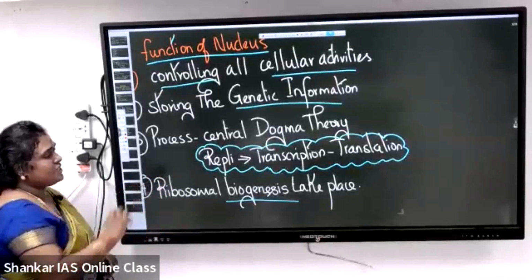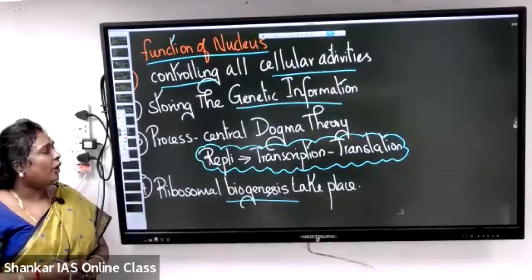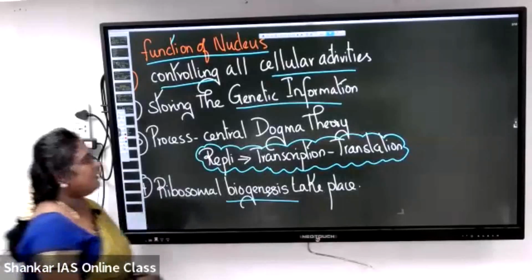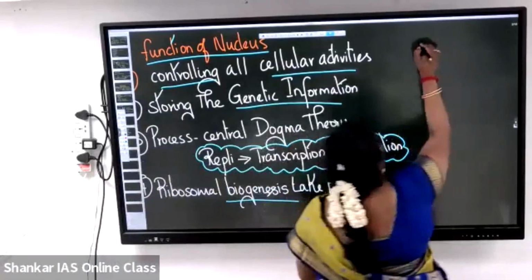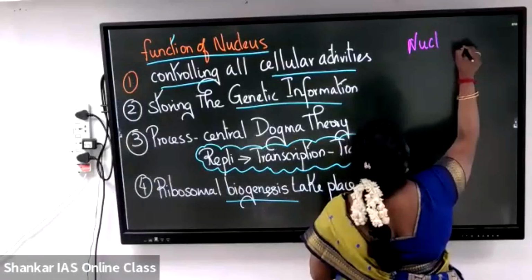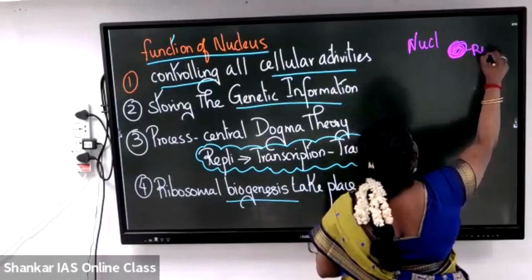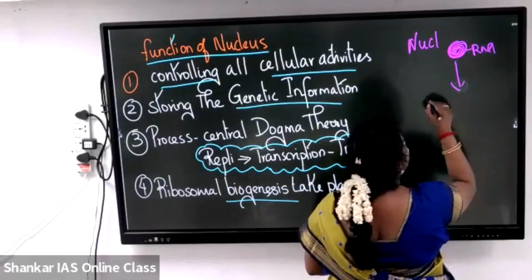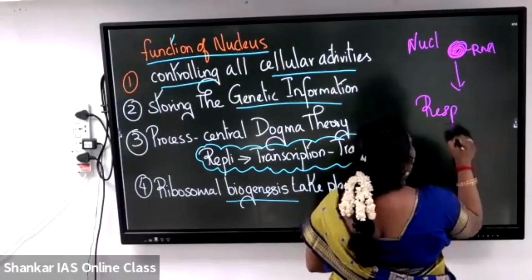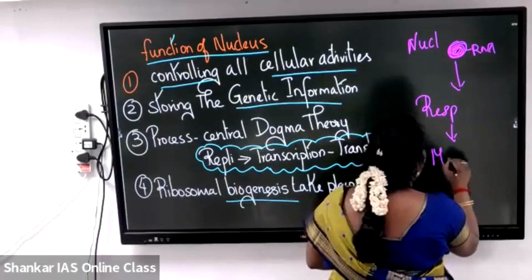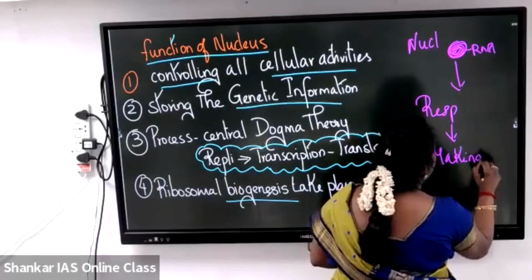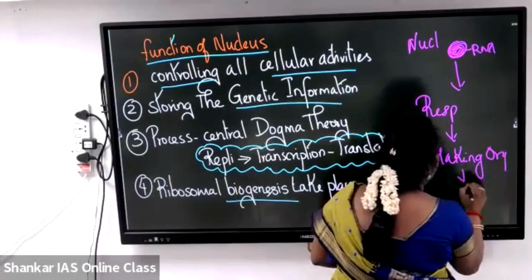And biogenesis, you can hear a new term here. What do you mean by biogenesis? As I said earlier, please listen. We were talking about the nucleolus. This nucleolus, as I said, is a stained body which is rich in RNA. It is responsible for making an organelle called the ribosome.